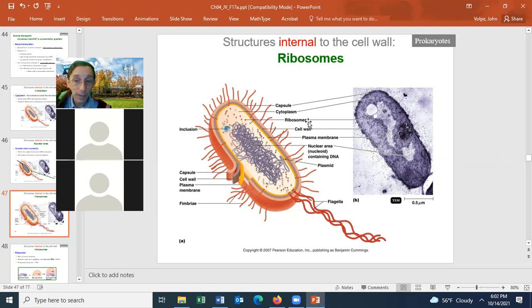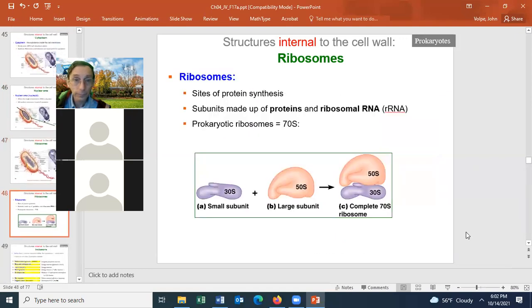All right. We talked about ribosomes. Let's move on. You should know that ribosomes are the site of protein synthesis. You should also know that prokaryotic ribosomes are smaller than eukaryotic ribosomes. Prokaryotic ribosomes are 70S in size.